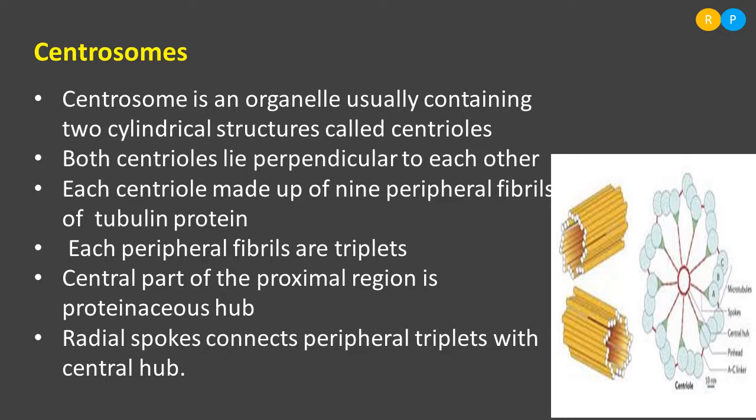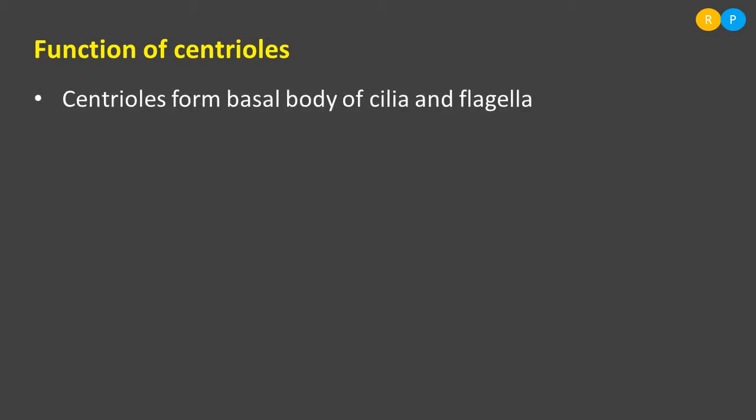And what are the functions of this cell organelle? The main function we can find in the cell is that centrioles form the basal body of cilia and flagella. The flagella and cilia actually arise from the plasma membrane region.